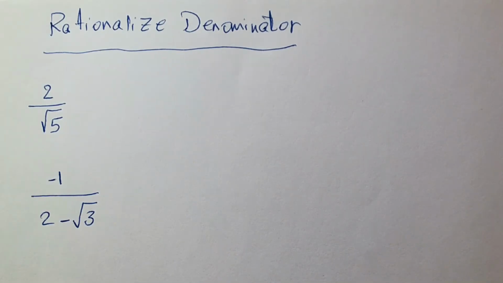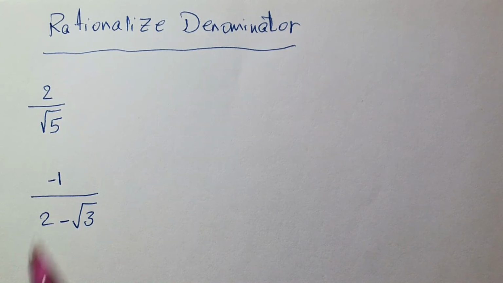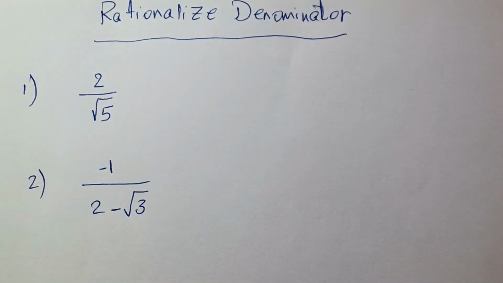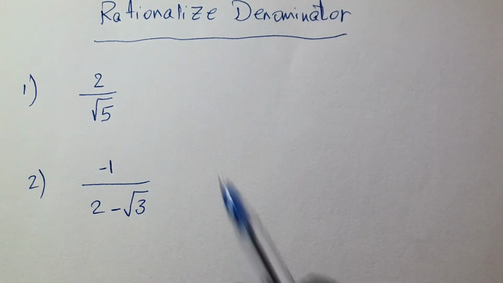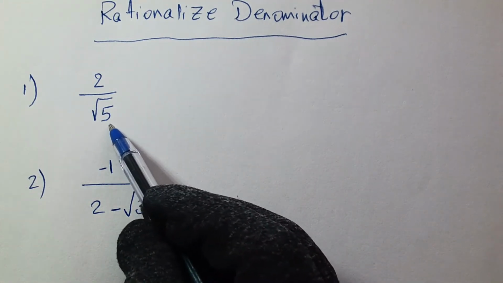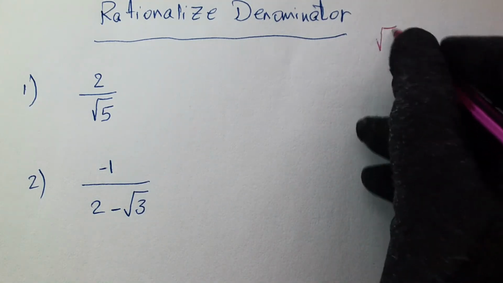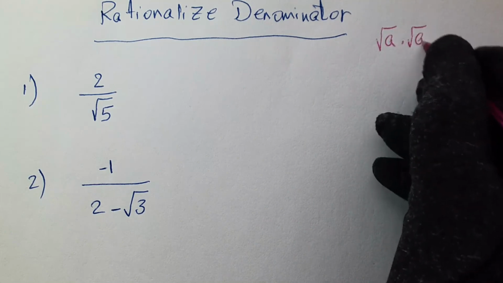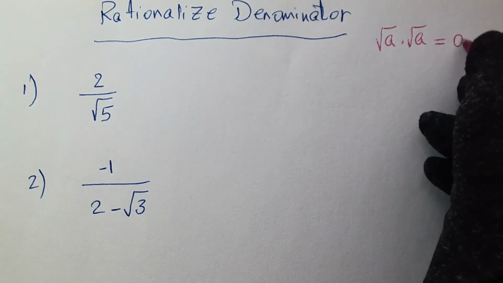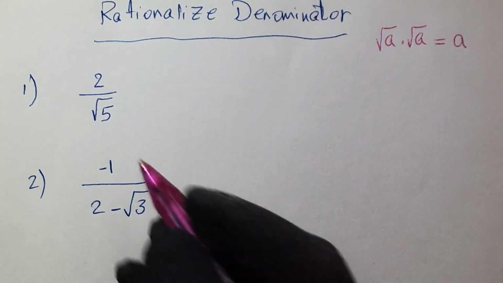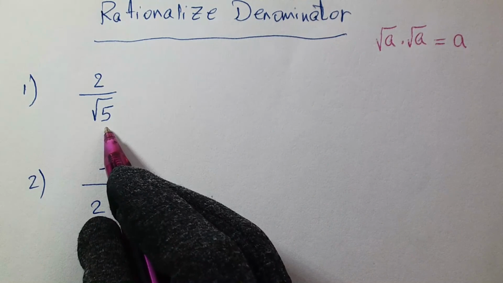The last part of this section talks about rationalizing the denominator. What does rationalizing the denominator mean? That means if you have a radical in the denominator, you need to get rid of that radical. Here we have two examples. If we have a single radical in the denominator, we will use the rule that square root of a times square root of a is square root of a squared, or a. So I know square root of 5 times square root of 5 is going to be 5.